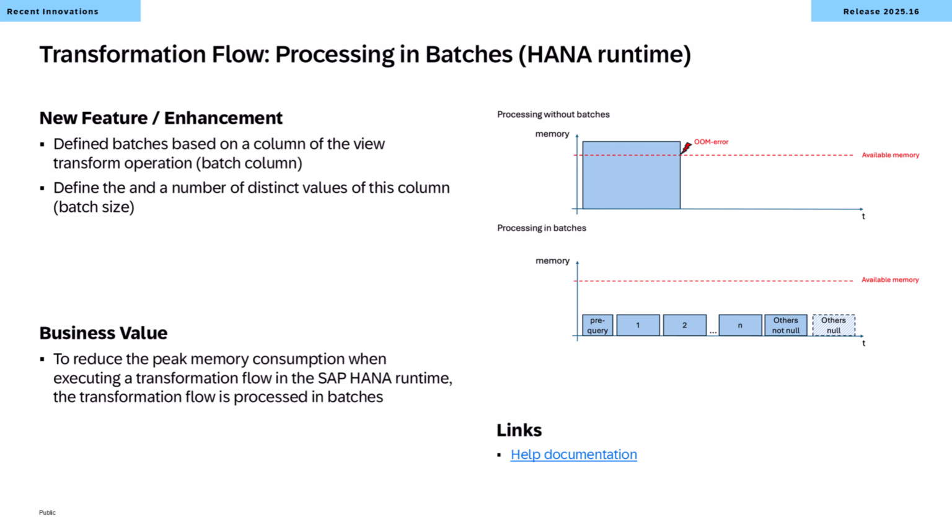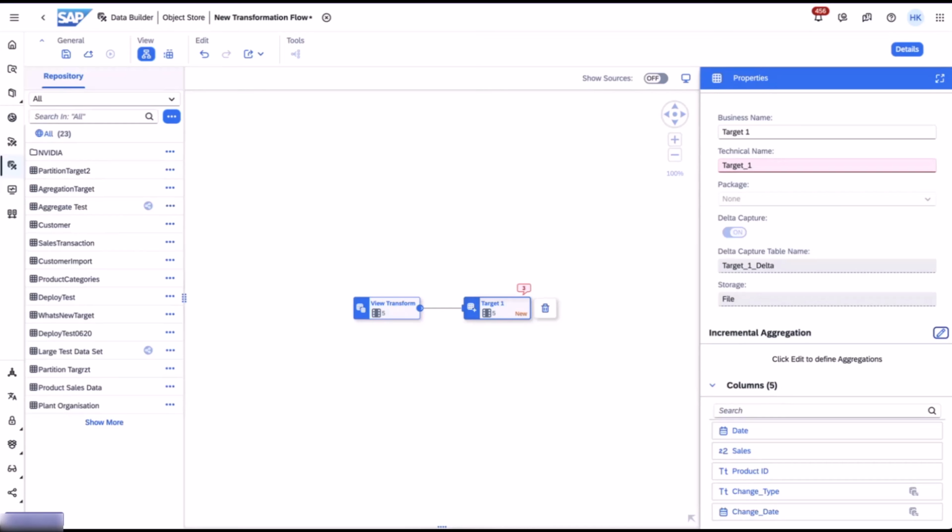Sometimes it's only relevant if you reload a very large data set, so the batching is only done on the initial loads and not on the delta loads, because the delta loads are small. Since the batching requires the pre-query, it obviously has a little bit of extra workload. And how you do it is fairly simple.